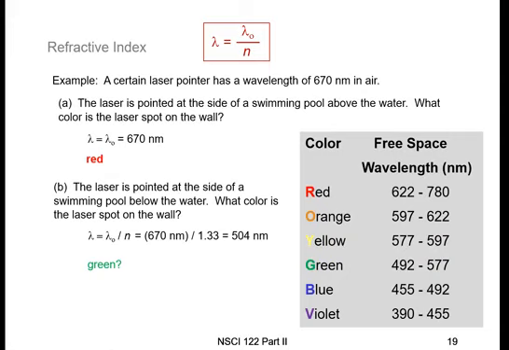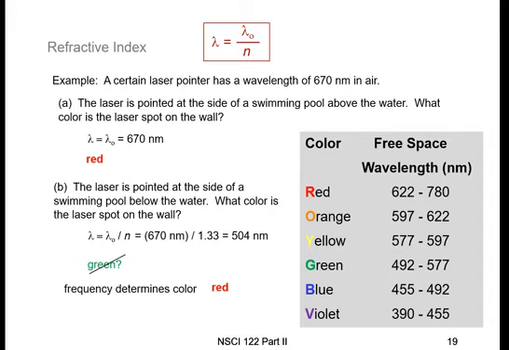Ooh, this is where you've got to be really careful. It turns out no, because it's the frequency of the light that determines the actual color, that determines the part of the spectrum. Remember the rods and cones on your retina, the cells are being driven by that electric and magnetic field at that frequency.